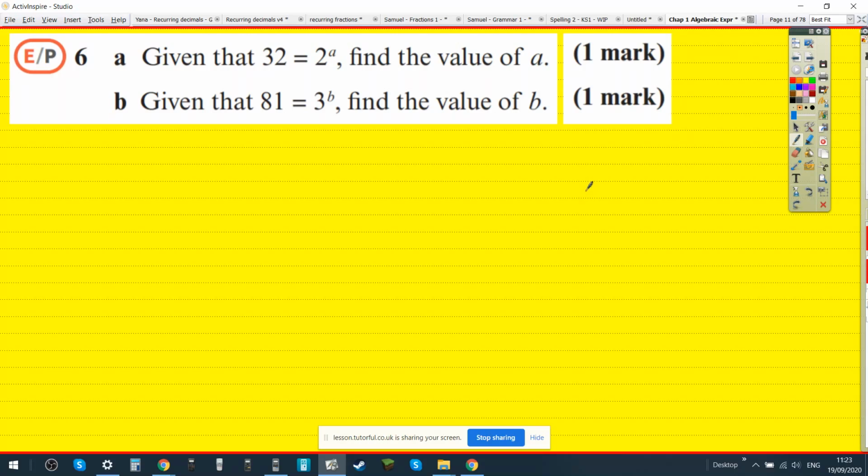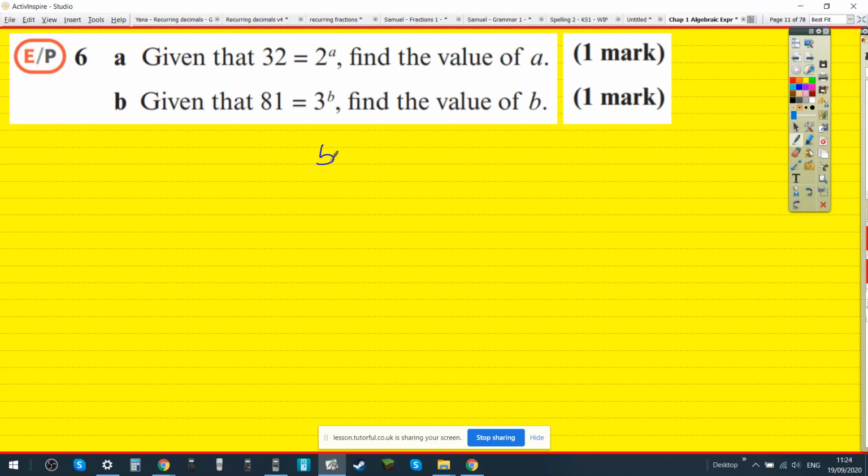Okay. So how about this? Would the bottom one be 3 to the power of 4?